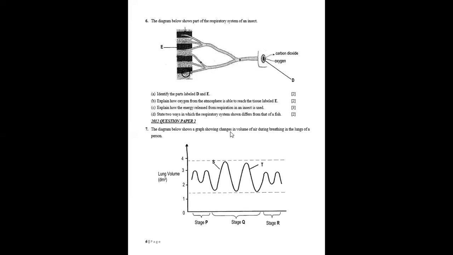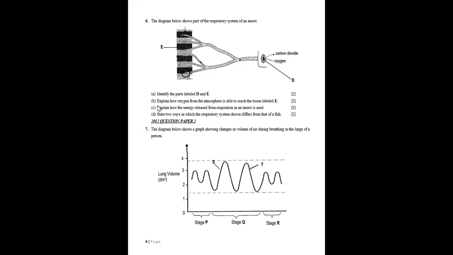You are going to forgive me with the pronunciation, but let me spell it: spiracle. Then E. This E is muscle cells.